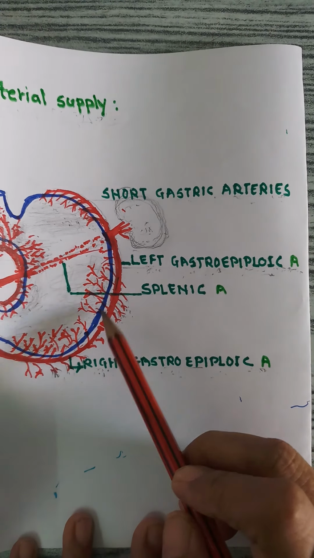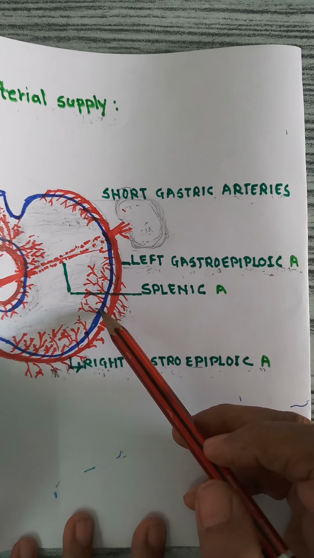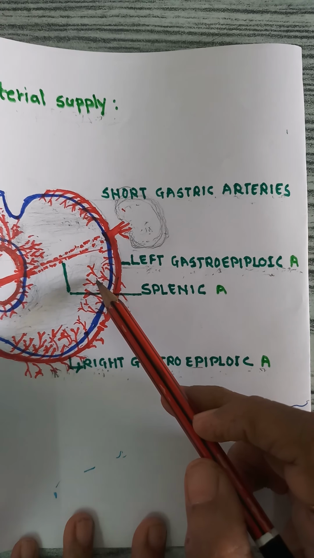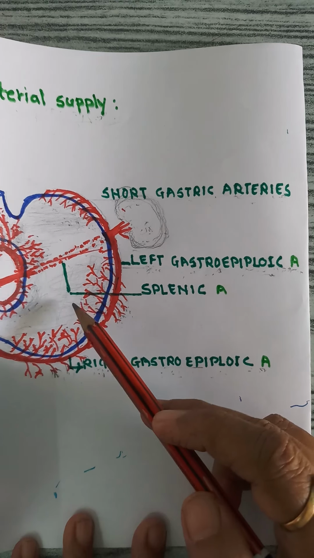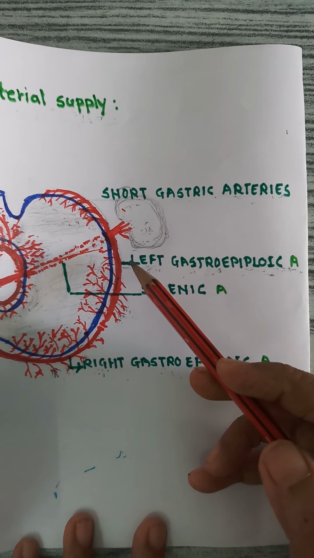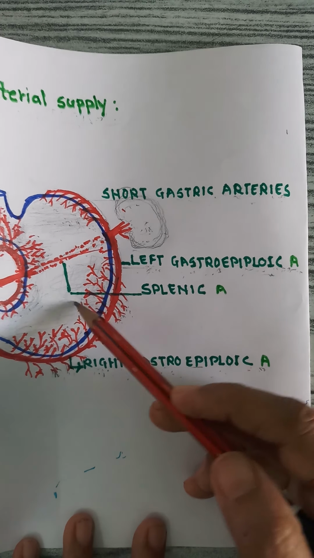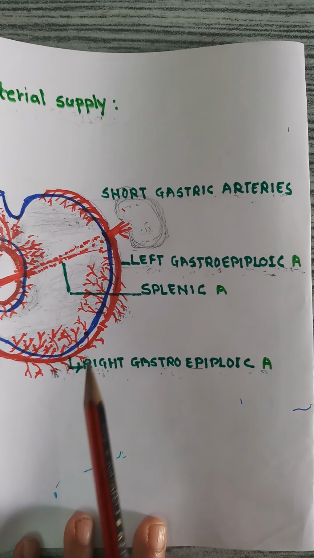It supplies the upper part of the greater curvature and adjacent anterior as well as posterior surface of the stomach. Posterior branches supply the posterior surface or posterior wall of the stomach. Anterior branches supply the anterior surface and anterior wall of the stomach.